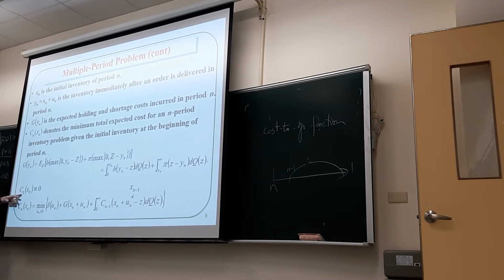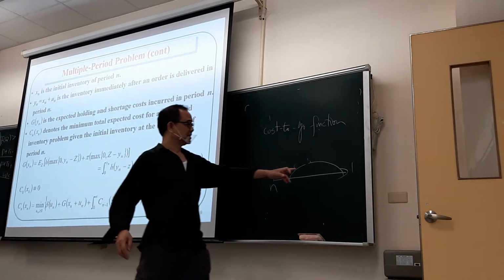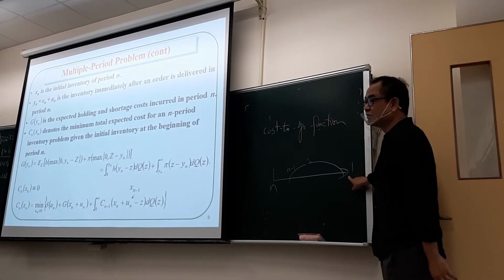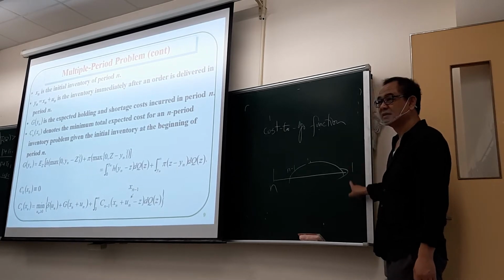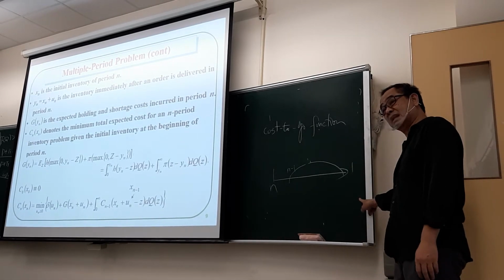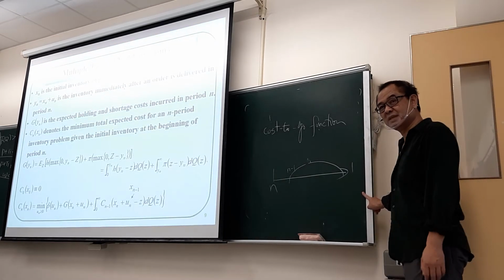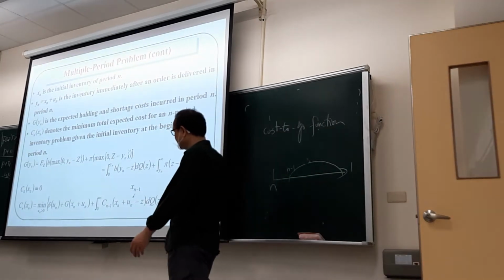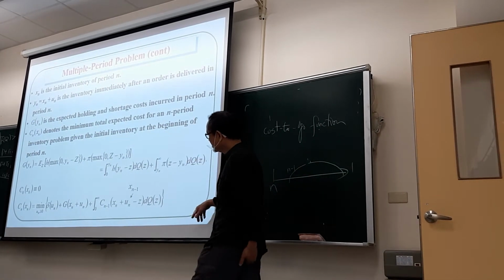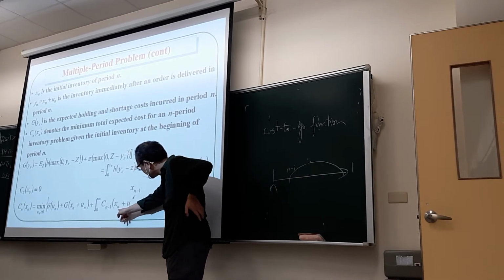Okay, we define the end of the period with no value, which is C of Z, the end of the last period, which means the first period, with no value at all. So you see, what is this expression?